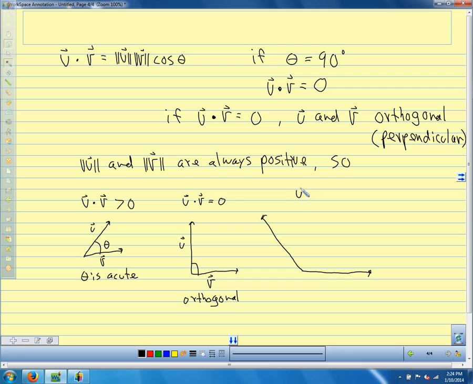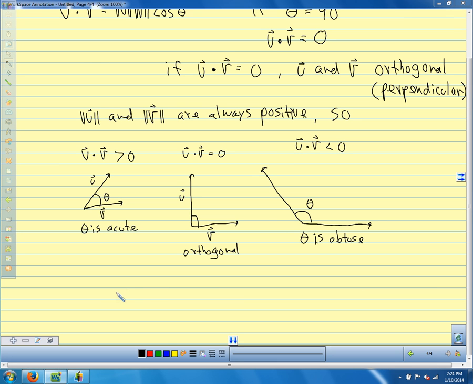So if u dot v is negative, then we have an obtuse angle. Because magnitude of u and magnitude of v are always positive. So the cosine is the only thing that would make it negative.